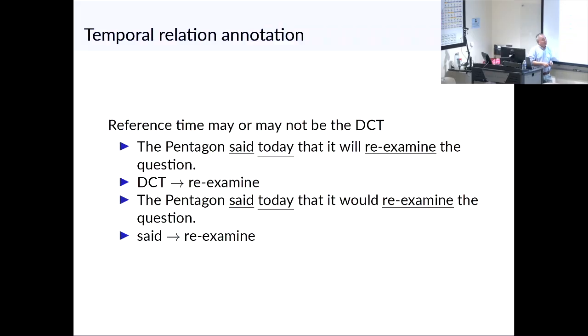Because you cannot even determine the relation between re-examine and DCT, it doesn't make a lot of sense to say that's the reference time, right? So this is one argument to say that it doesn't really make sense to always judge the temporal location of some event with respect to the document creation time.